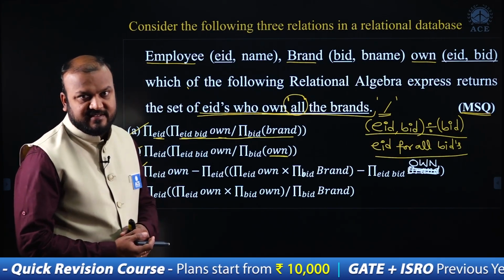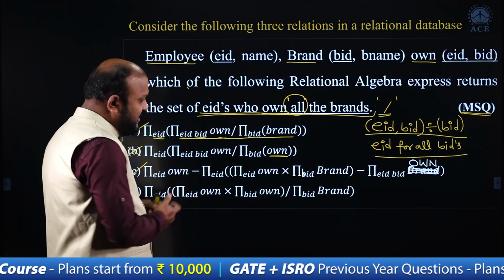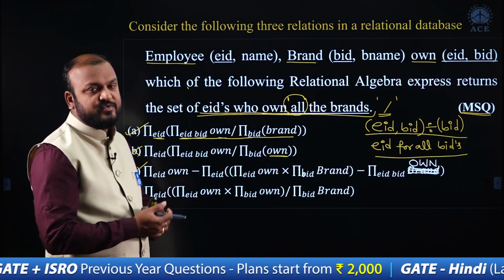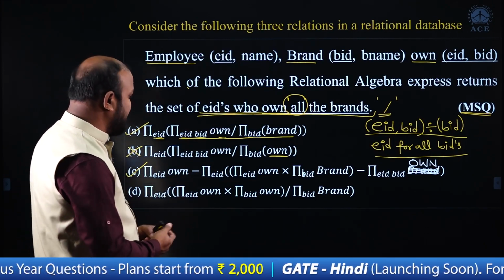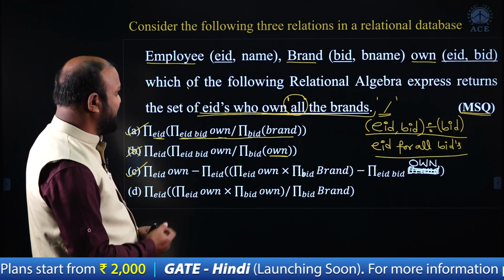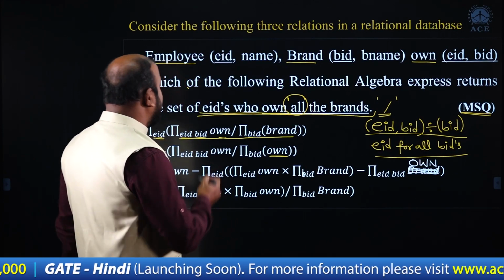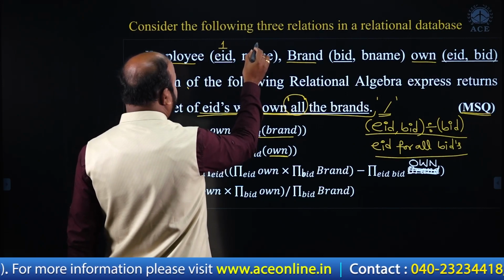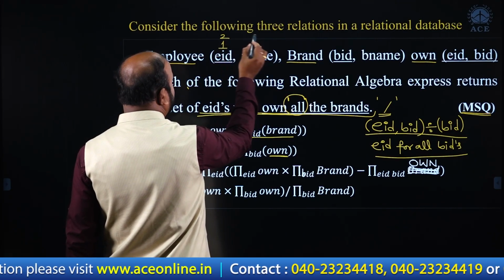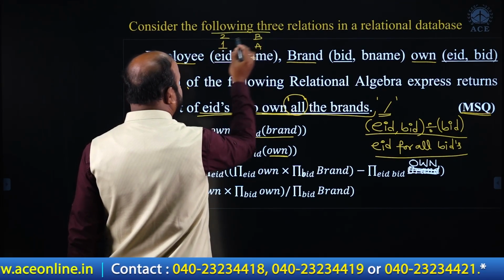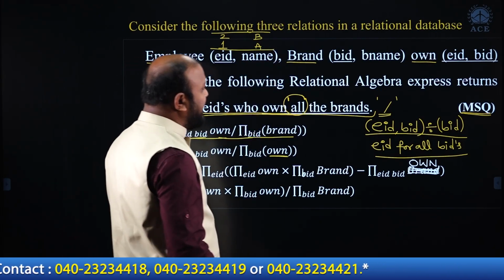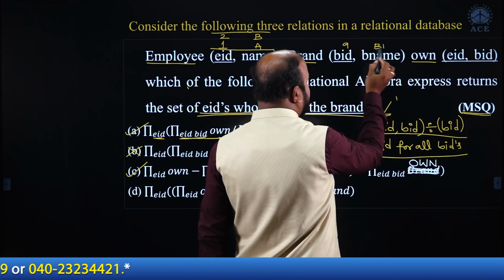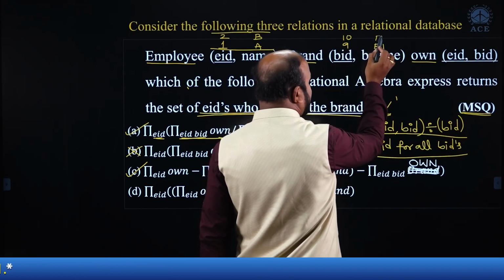You may have a doubt: sir, how is option C equivalent to option A? Please prove it. Okay, let me show you with a small example. Here we have two employees: employee ID 1, name A, and employee ID 2, name B. This is the employee table. We have a brand table: brand 9, B1, and brand 10, B2.